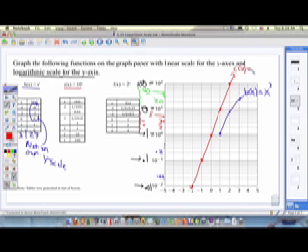So here's our c of x equals 10 to the x power.